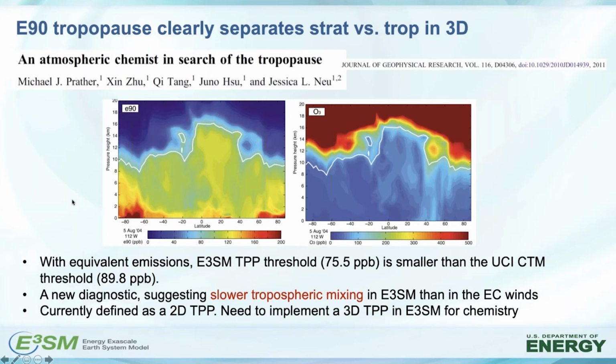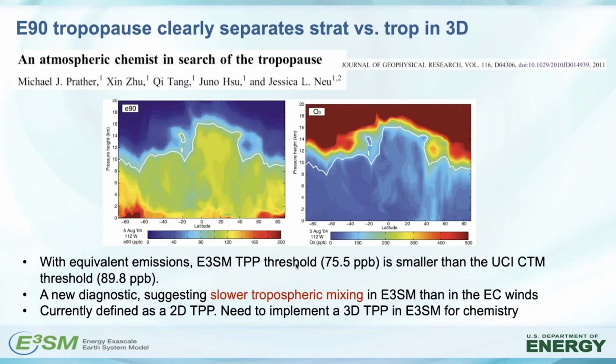So with the equivalent emissions of the E90, the E3SM tropopause threshold actually is smaller than the UCI CTM. So this actually provides a new diagnostic of the efficiency of tropospheric mixing.